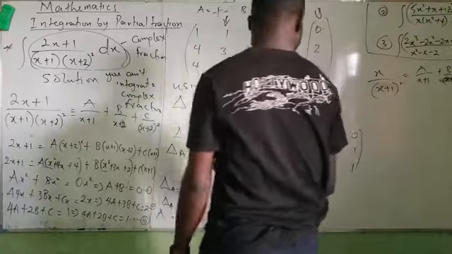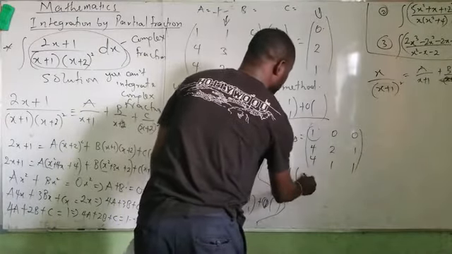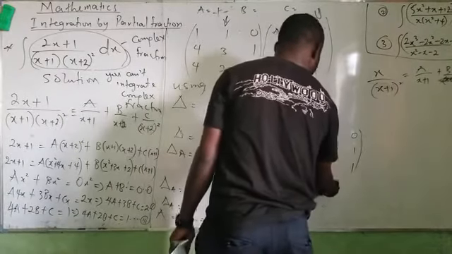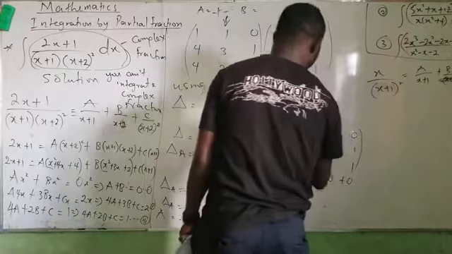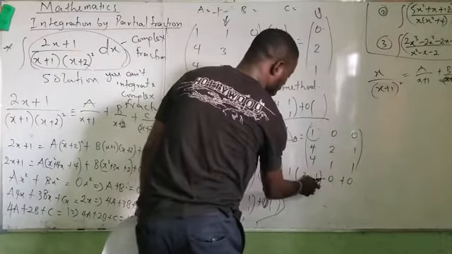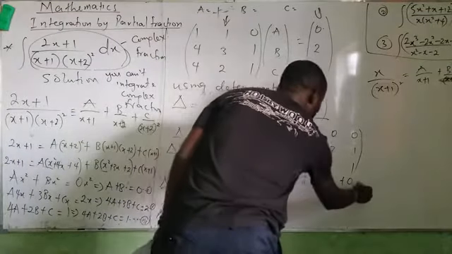Now, this will be equal to 1 bracket of (2 times 1 minus 1 times 1), minus 0, plus 0, because 0 is 0. Now this will be 2 minus 1, which is equal to 1. It means it will be equal to 1.